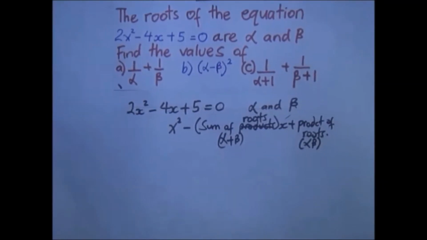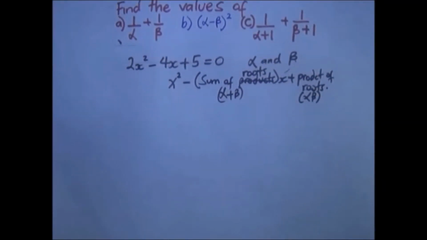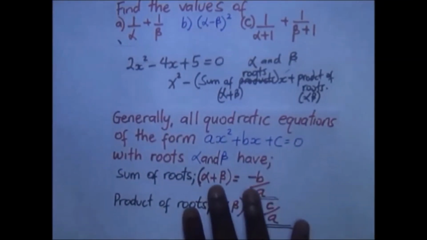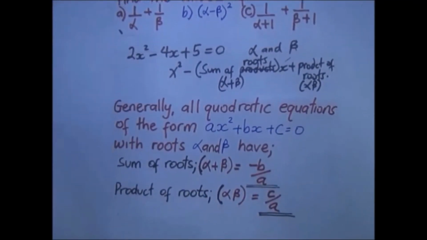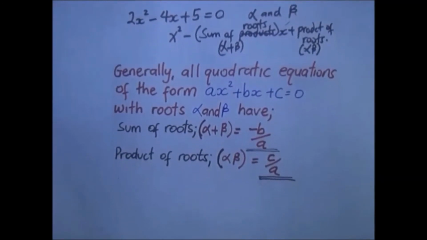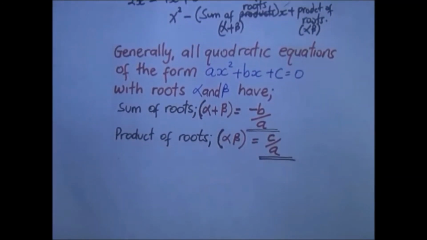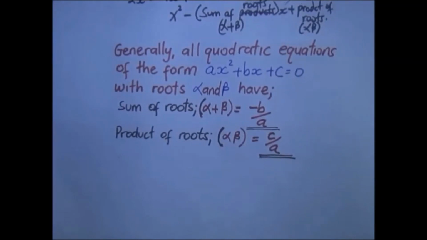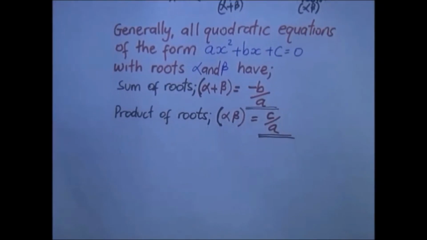From our previous videos, we came up with a conclusion that generally all quadratic equations in that form, ax squared plus bx plus c equals 0 with roots alpha and beta, have their sum of the roots being equal to negative b over a, and the product of their roots, which is alpha beta, being equal to c over a.